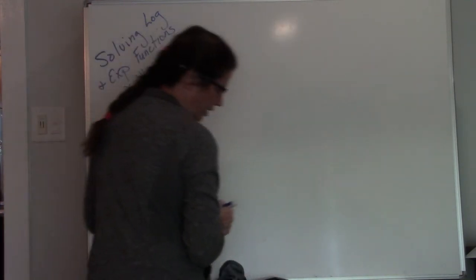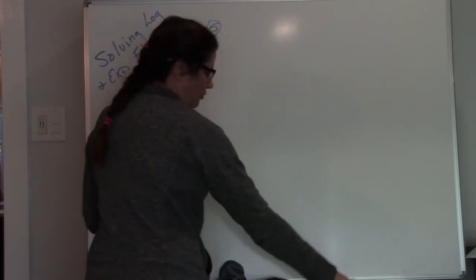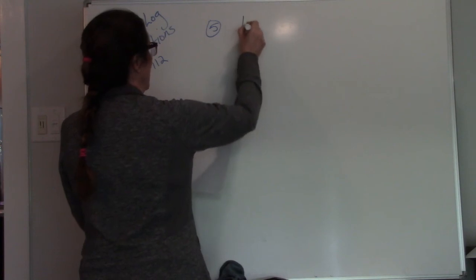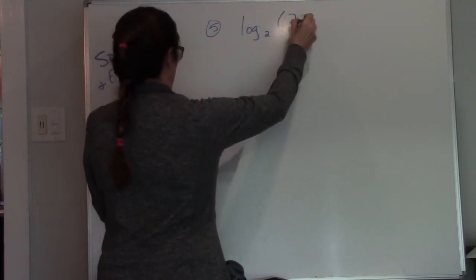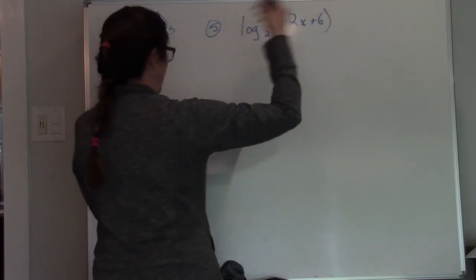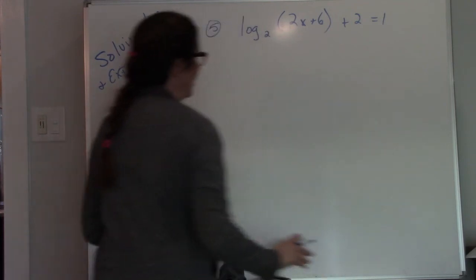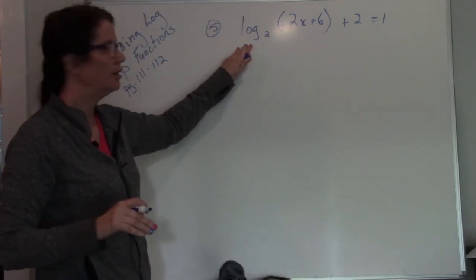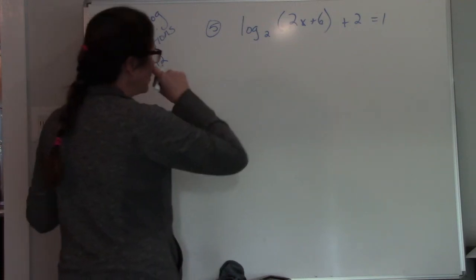All right, here we go. So now, number 5. Number 5 says log base 2 of 2x plus 6, and then outside of that is plus 2, equals 1. Again, you're given a log, and a log is an exponent, so we are going to rearrange this.